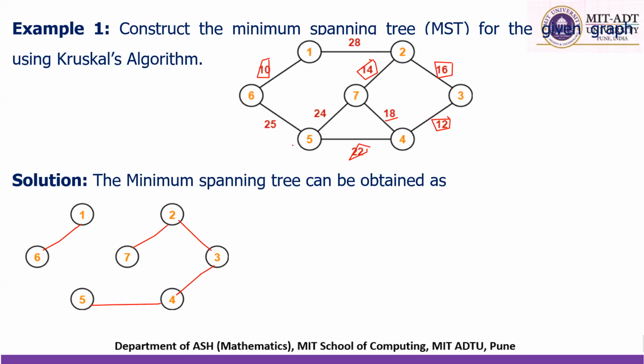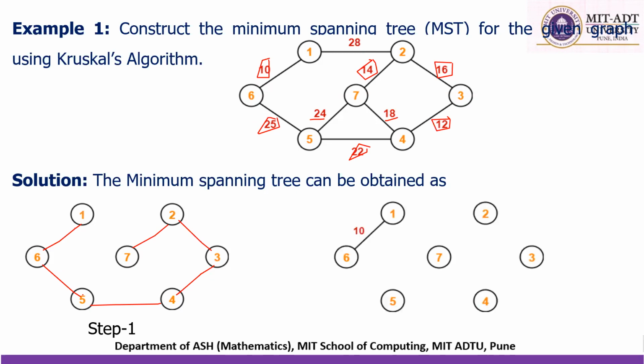Then 24 is the minimum weight, but if we take 24 here, again a loop will be created, so we won't take this one. We go to the next minimum weight, which is 25, so we consider 25 like this. So this is the minimal spanning tree.